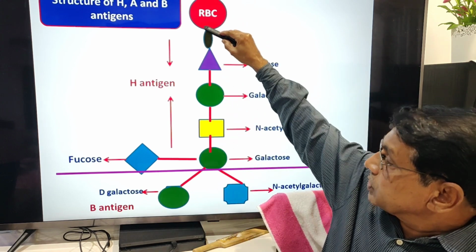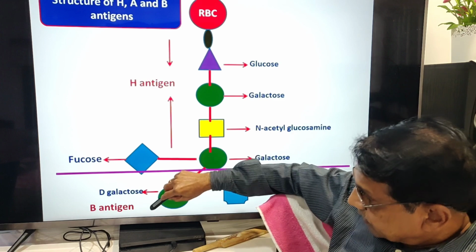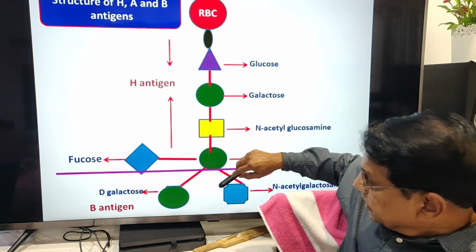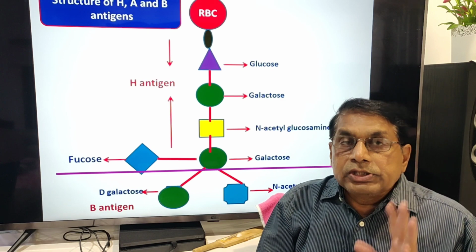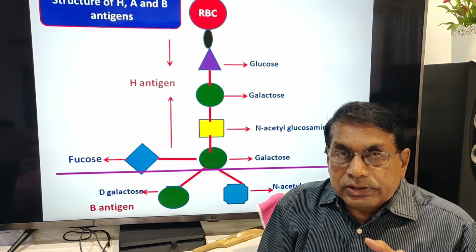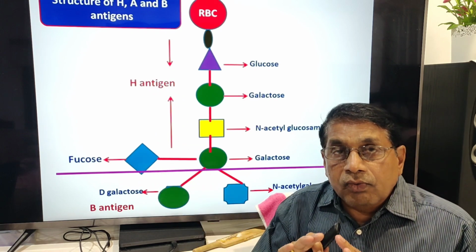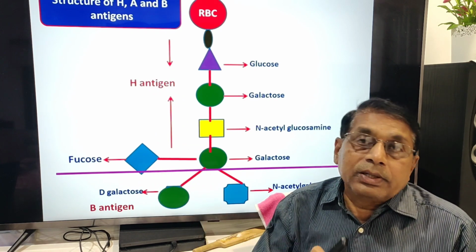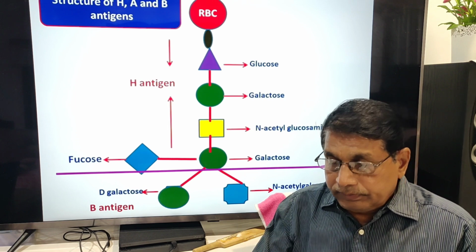A antigen means all these are common, but not the galactose addition. For B antigen, the N-acetyl galactosamine is not present, but the galactose will be present. This is the antigenic structure. Remember, the H antigen is common for both A and B blood groups.